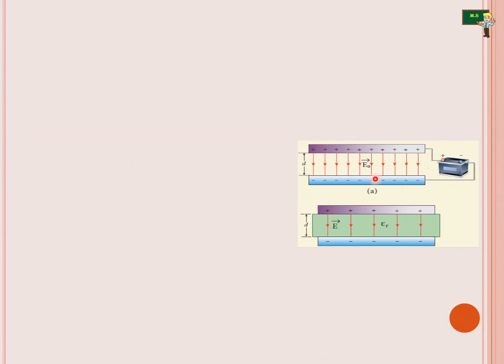One is plus and another one is minus charged, and they have been separated by a distance D. Here in the second picture you can see the battery is disconnected, so you cannot see the electric field here in between the capacitor, but the distance is the same. There is no difference in the distance.